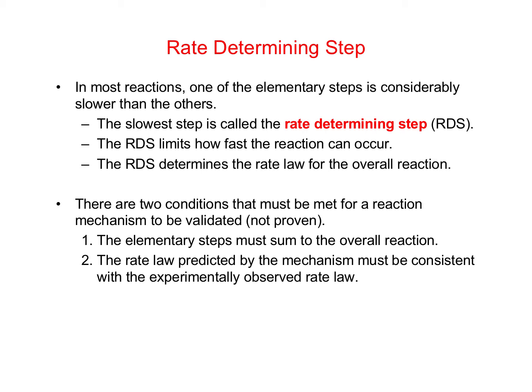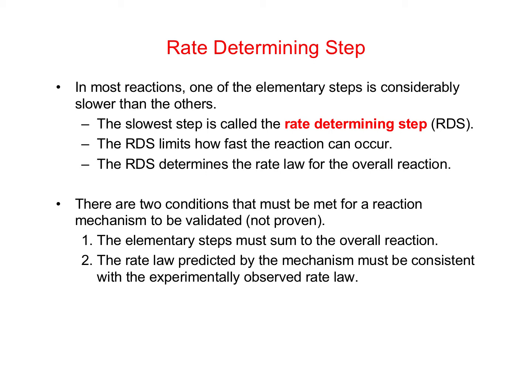And so even if most of the elementary steps are really fast, if you have one really slow step relative to the other ones, that one slowest step is going to determine how fast the reaction is, because the reactions before and after that really slow step are essentially going to be waiting on that slow step to happen. So if one step is significantly slower than all the others, it will be the rate determining step.